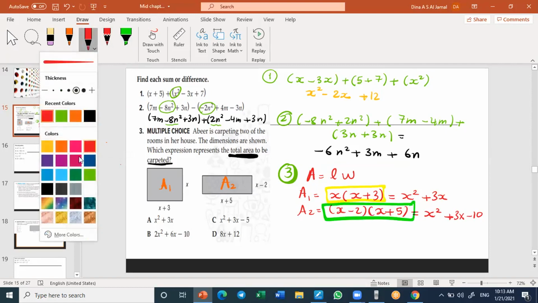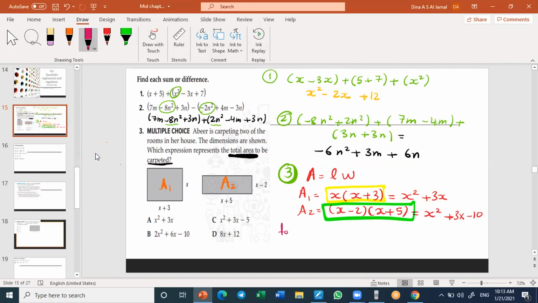Now, what is the question? It's asking you to find the total area. To find the total area, you need to sum area 1 plus area 2, which means you will be adding polynomials. So take from the beginning the like terms: x squared plus x squared, then 3x plus 3x, then minus 10 alone.